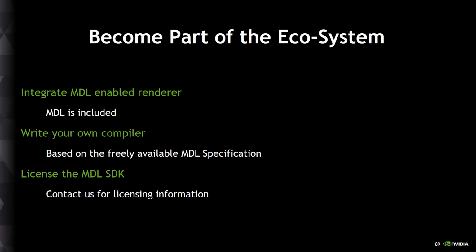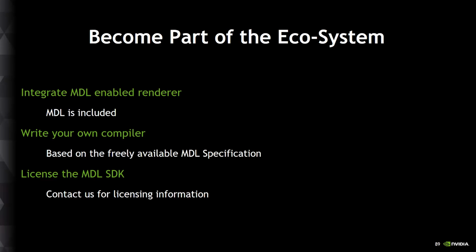I come to that. So right now you have essentially 3 ways of doing that. You can either use an MDL-enabled renderer like V-Ray or I-Ray. Then you can write your own compiler. The specification is definitely freely available, so anybody can download that and implement the compiler based on that.